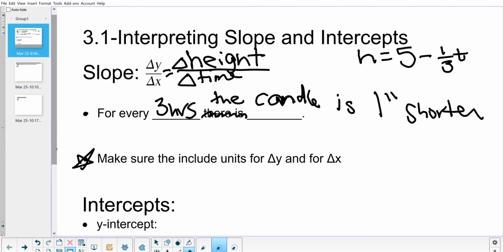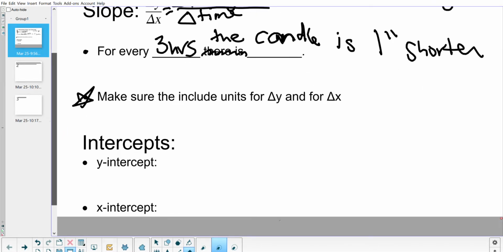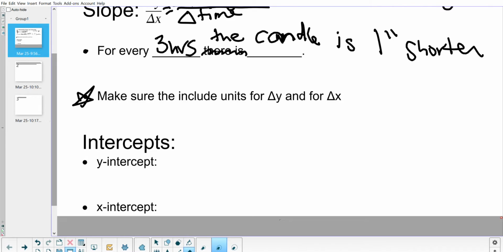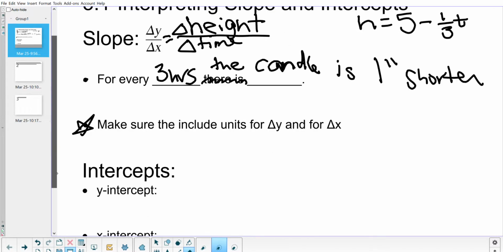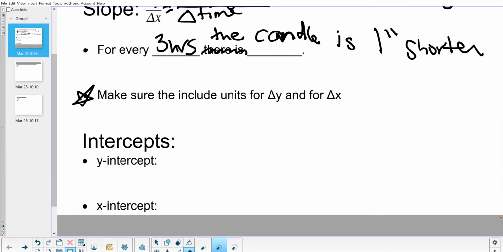Now, the other thing I want you to be able to do is interpret the intercepts for this problem. If I were to sketch a very basic look of this, it starts off at 5 and then it's got a negative slope. So it's burning, it's going to burn out. Obviously this line continues up here and also over here, but the only part that's actually applicable is in quadrant 1.